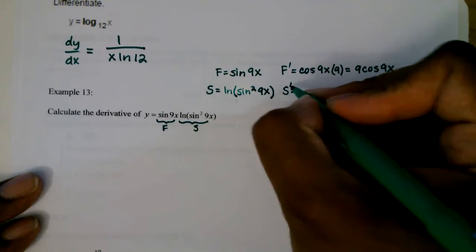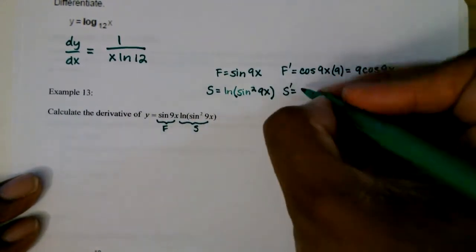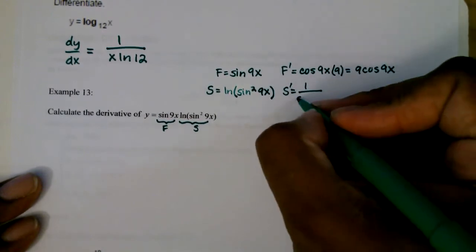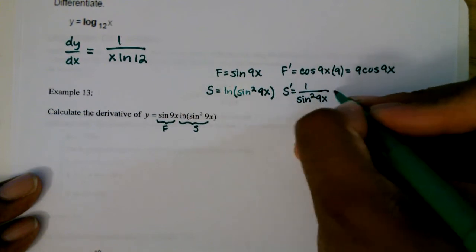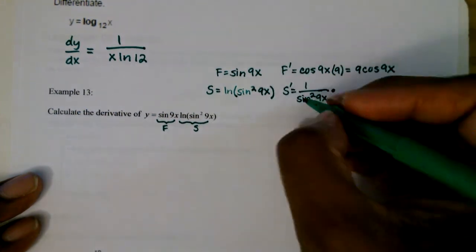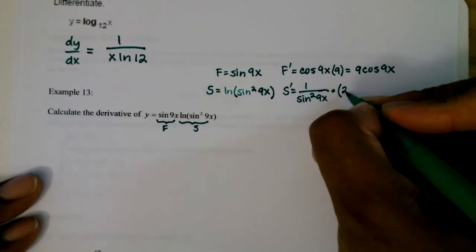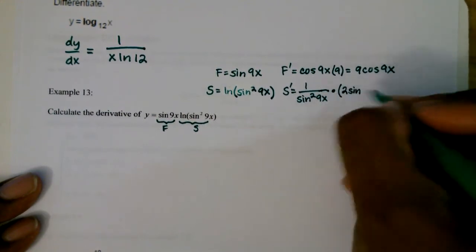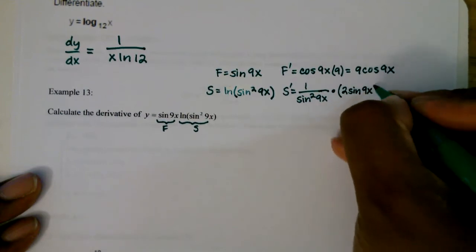The derivative of that would be this. ln of this is going to be 1 over that sine squared of 9x, times, now we got to take the derivative of sine squared of 9x. To do that, we take that exponent of 2, bring it in front of the sine, copy the sine over to the 1 less power. It'll be sine to the first, or just sine of 9x.